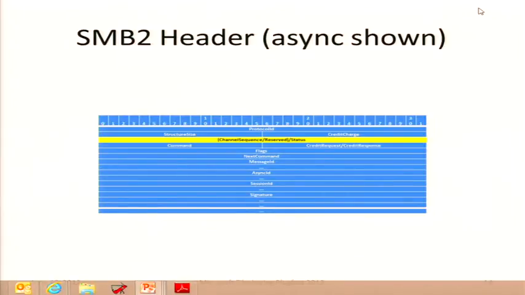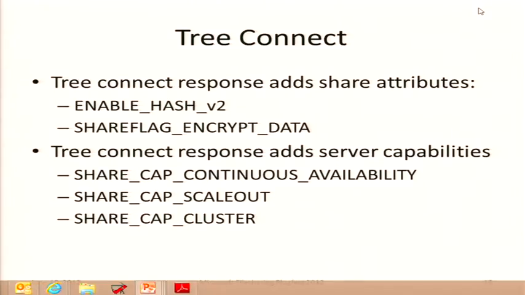Once again, it's not my goal to go into detail on these right now. So there's the field. It used to be reserved, half status. The request changes it to that channel sequence meaning. The response always has status in it. So channel sequence only appears on the request.